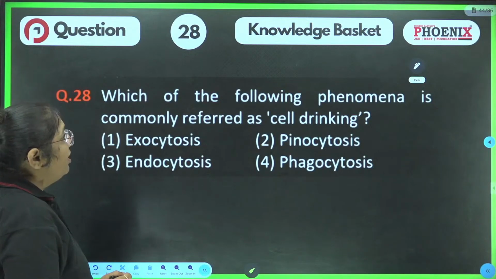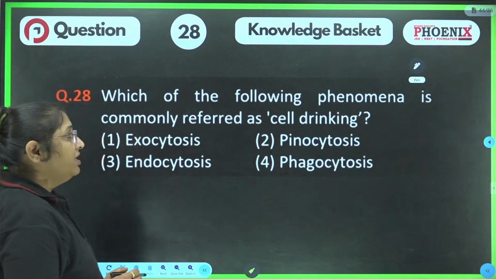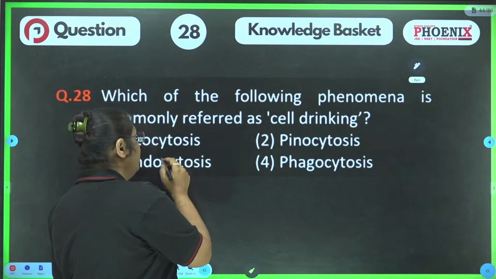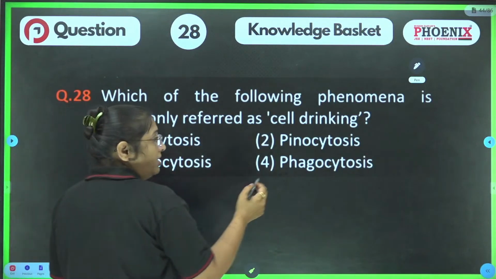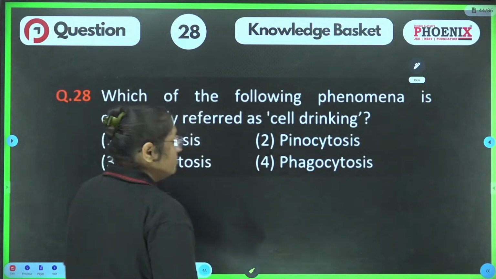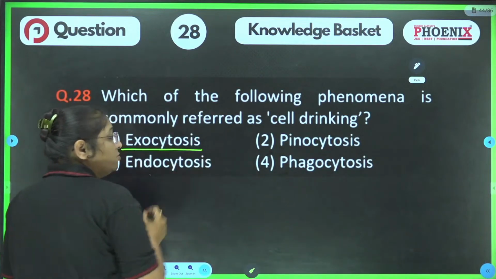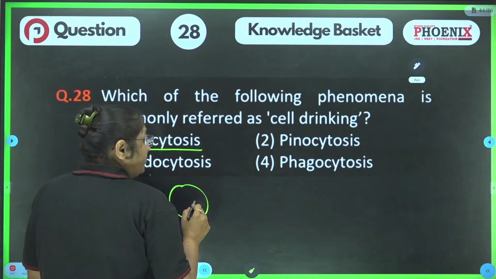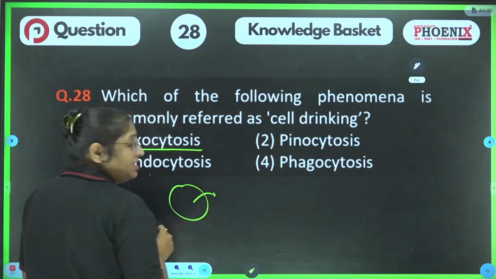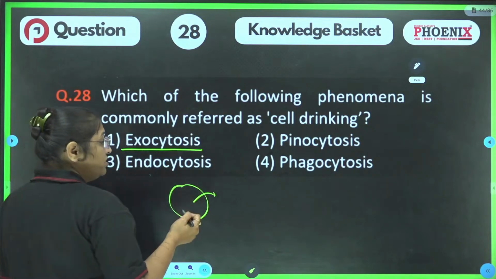Which of the following phenomena is commonly referred to as cell drinking? Now students, here the options are given as exocytosis, endocytosis, pinocytosis and phagocytosis. If we talk about exocytosis, it means anything which is expelling out from the cell is known as exocytosis.